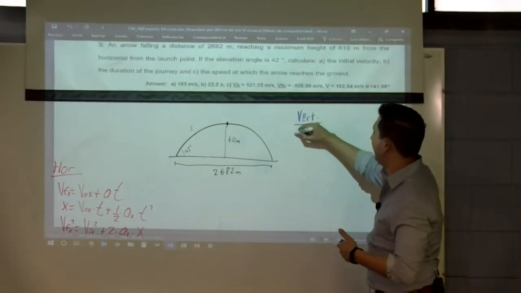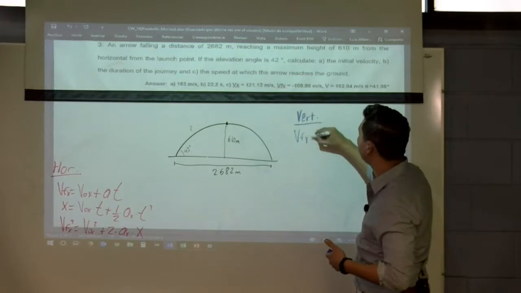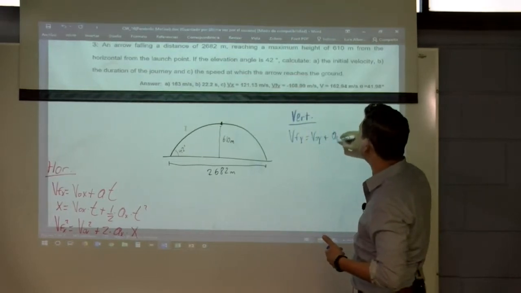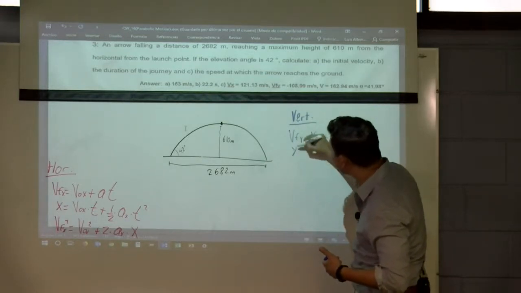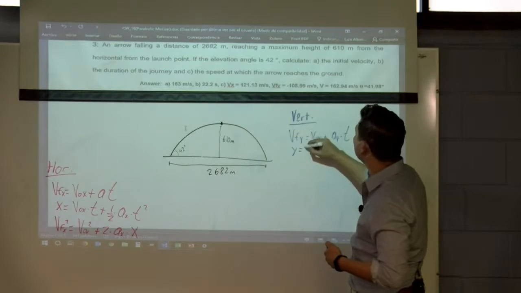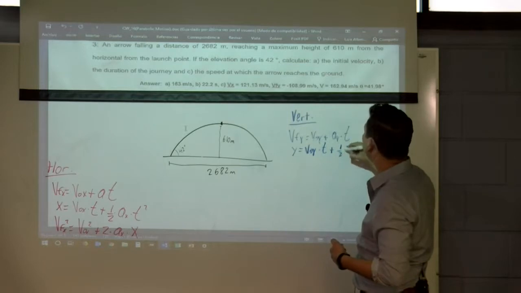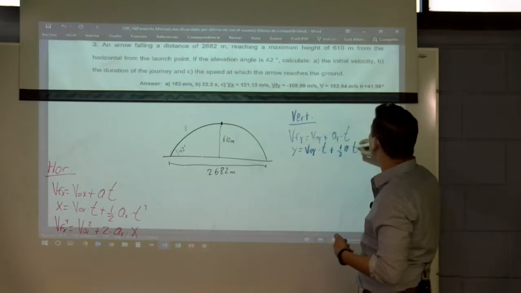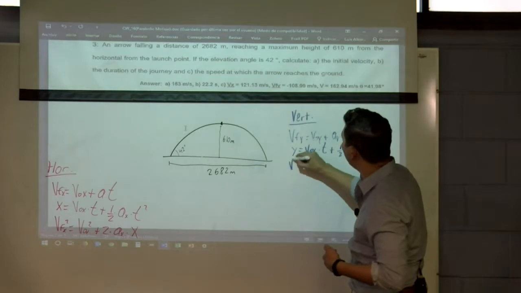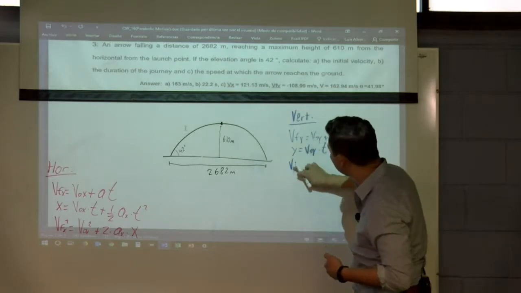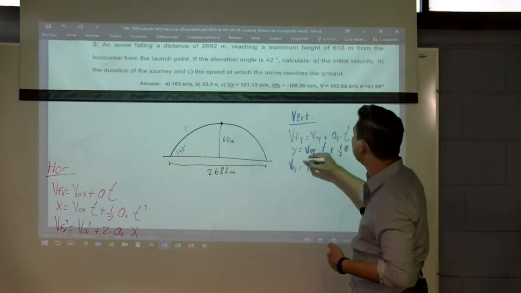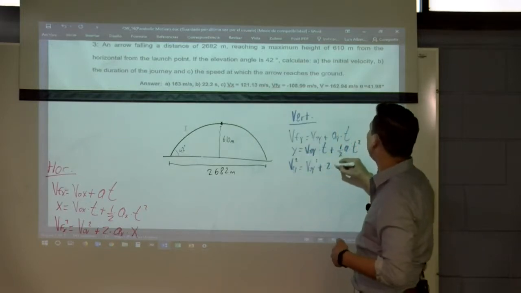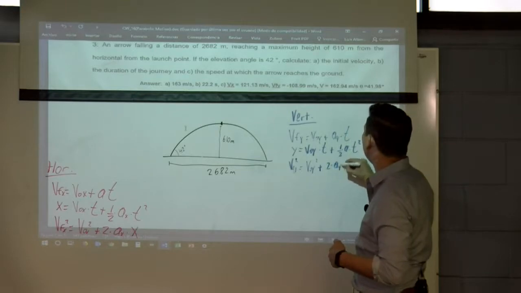So it's final velocity on y equals initial plus acceleration times time. Then y equals initial velocity on y times time plus a half of the acceleration times the square time, and final velocity on y squared equals initial squared plus 2 times acceleration times y.